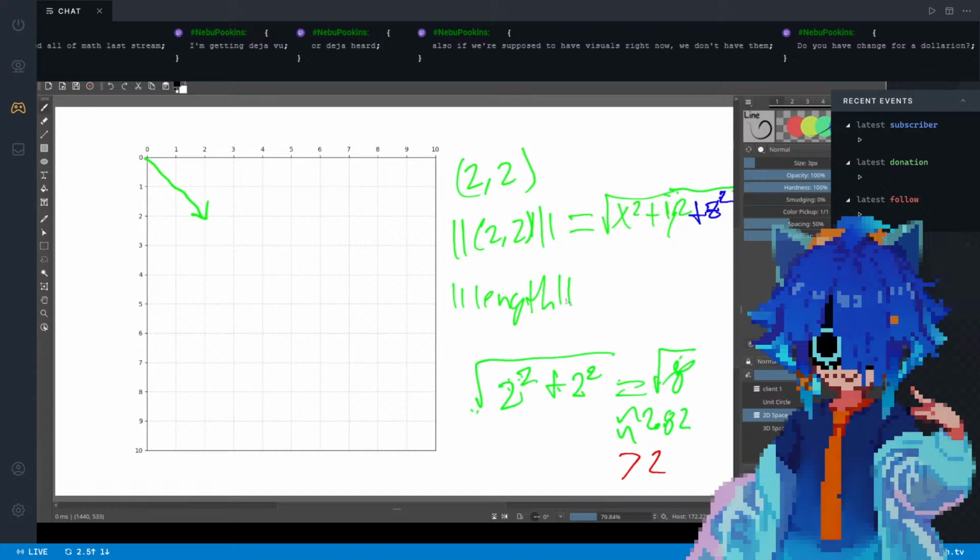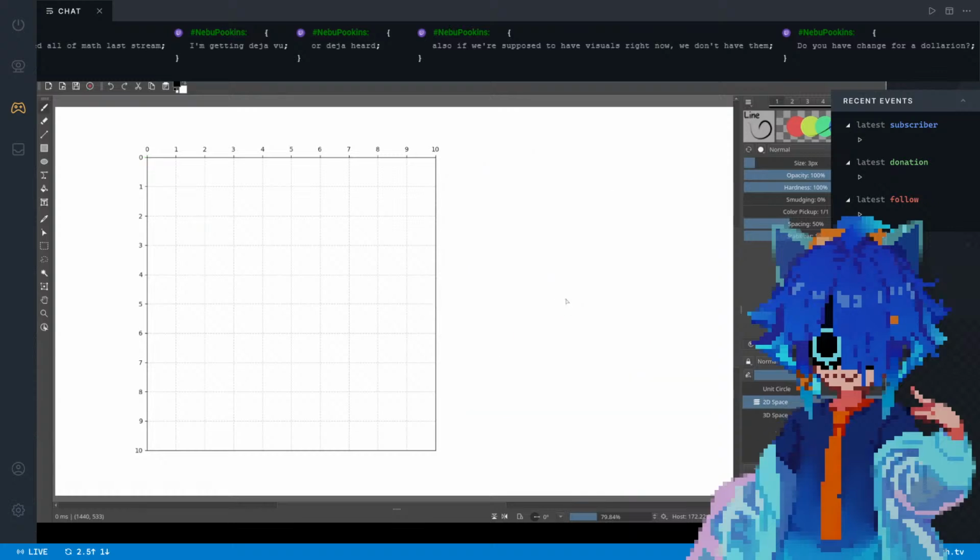Well, what else can we do with a vector? So let's keep our friend 2, 2 in mind. What happens if we multiply 2, 2 by 2?